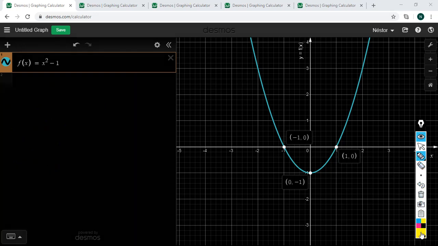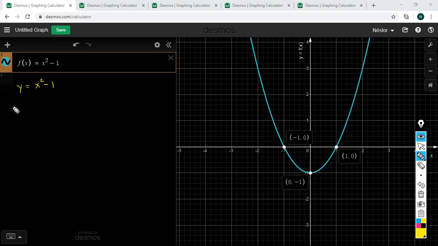So let's start. The first thing you want to do is put this function in this way. Again, you're going to transform the f of x into y. Remember that we can always do that. So there you have it. That's the first thing you want to do.